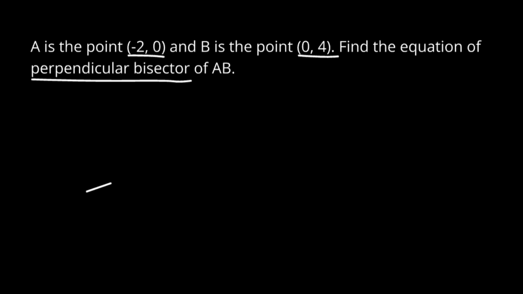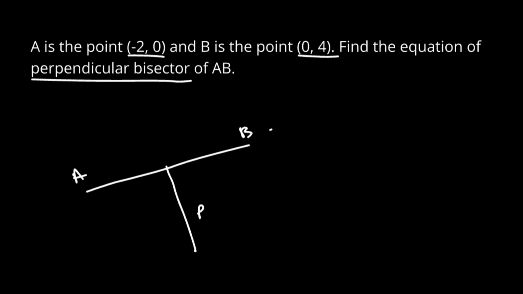So for example, you have a line AB and there is a perpendicular bisector P of AB. So this perpendicular bisector P will bisect the line segment AB into 2 equal parts. So that means the perpendicular bisector needs to pass through the midpoint of AB.